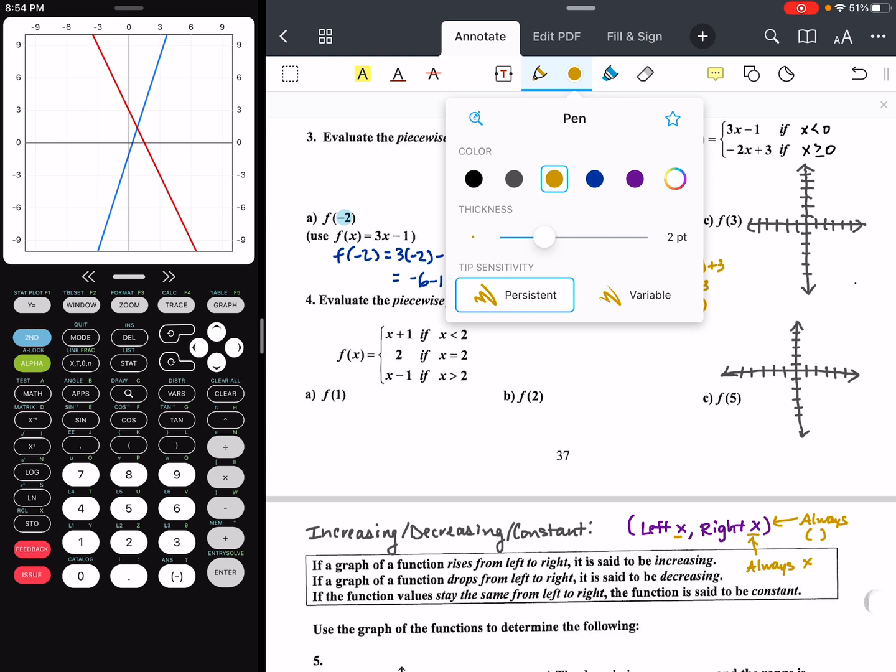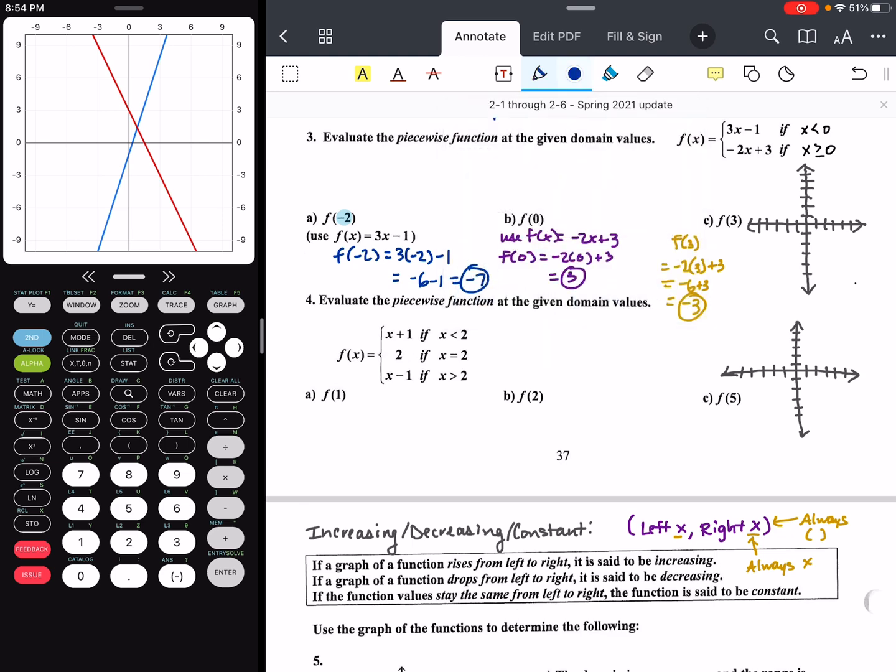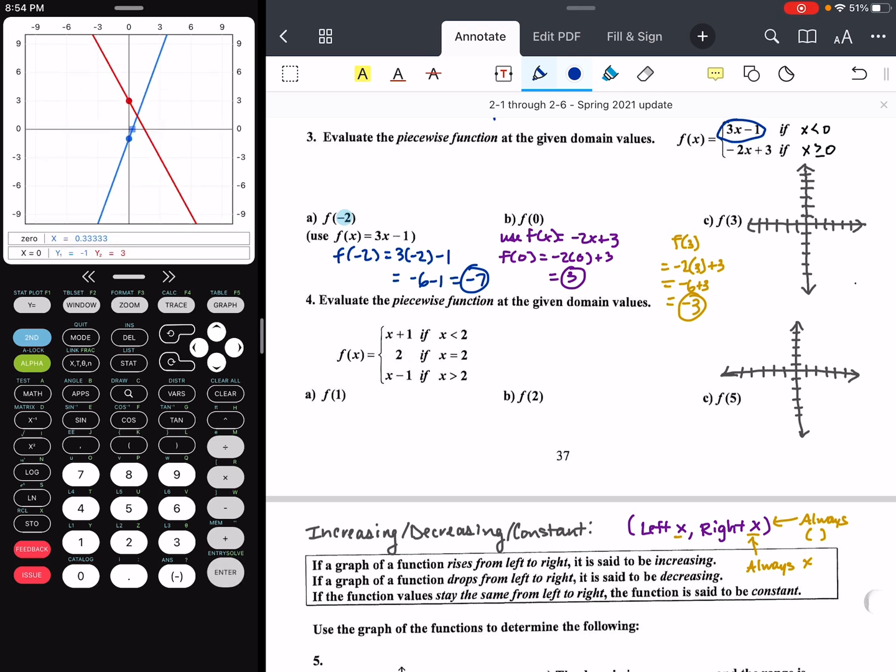So if we want to graph these on the same axis, I'll use blue for this piece of my function. Remember, this is only defined where x is less than 0. If I use my trace key at x equals 0, let's see, we would have a y value of negative 1.